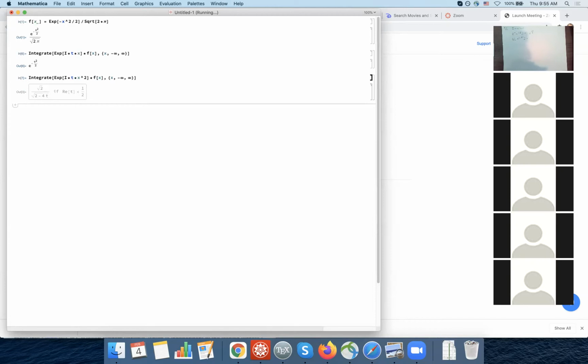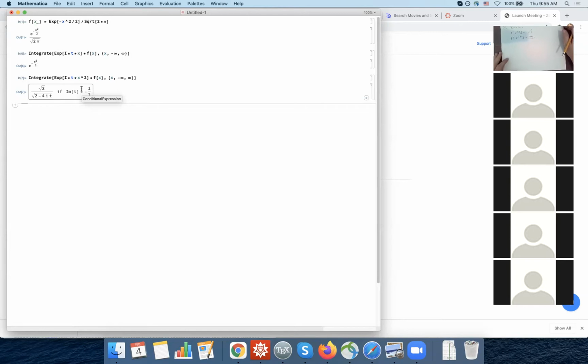Maybe this is not working on my computer. Come on. There you go. And this is the number we get here: 1 over root 1 minus 2it, the same structure as before. Here the condition is that the imaginary component of t is bigger than minus 1/2, but for us t is a real number, so this is always true.